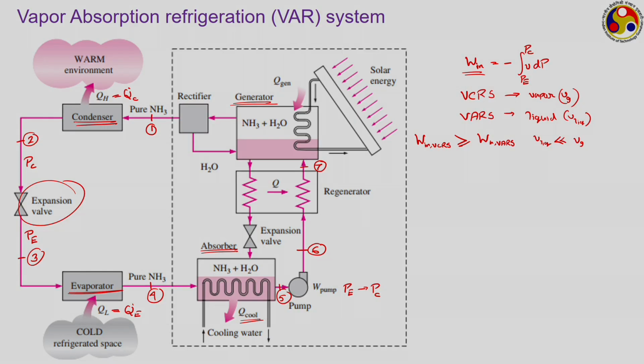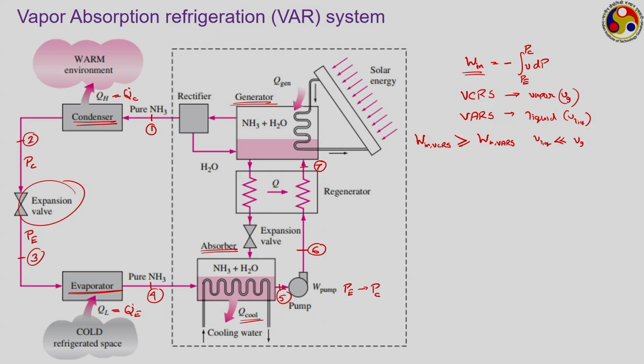So, it is entering the generator, and in the generator we are adding heat, where the heat can be coming from some waste energy source, maybe solar energy or whatever may be the source of energy, but something which is capable of raising the temperature of this solution to something around 100 or 120 or 140 degree Celsius, not more than 180 degree Celsius.